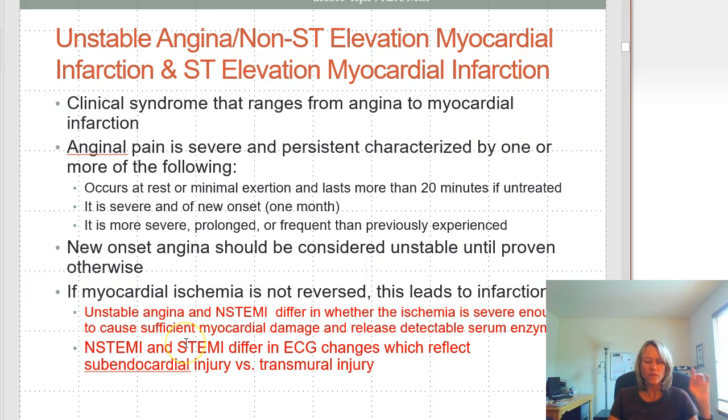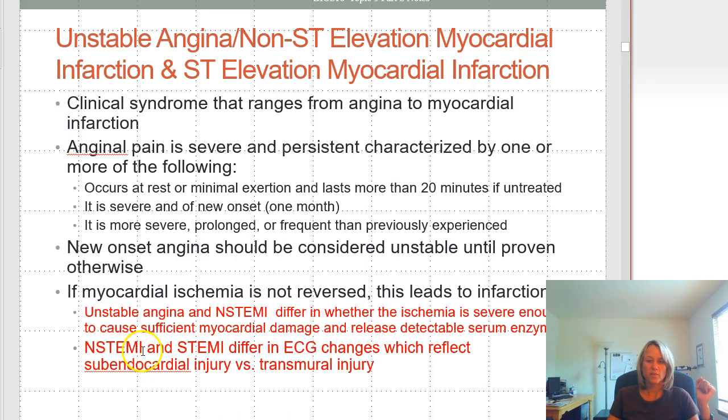Now, if that myocardial ischemia is not reversed in unstable angina, this leads to myocardial infarction. So unstable angina and non-ST elevation myocardial infarction differ in whether the ischemia is severe enough to cause myocardial necrosis and the release of detectable serum enzymes.